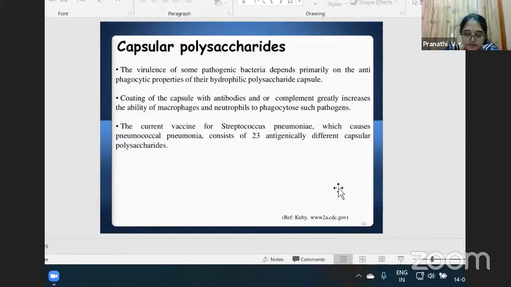And then you have the PCV vaccine, that is the pneumococcal vaccine. This contains the polysaccharides from the surface of the bacteria that cause pneumococcal disease, and this is joined to the diphtheria vaccine, because of which you have protection against both pneumococcal disease as well as diphtheria.